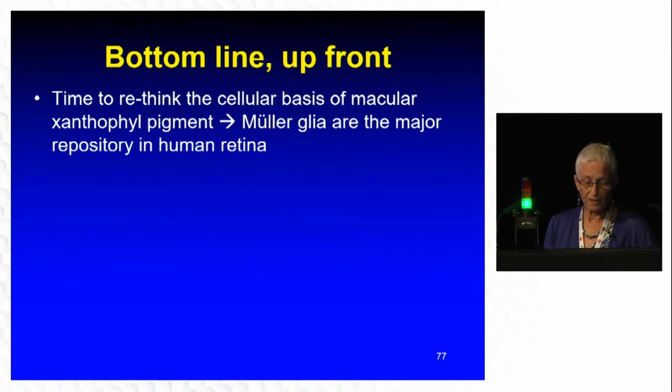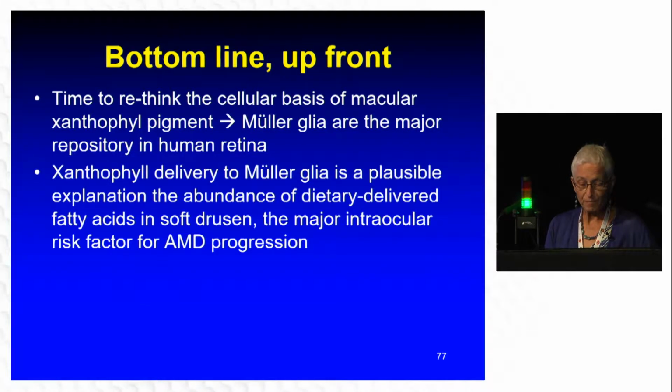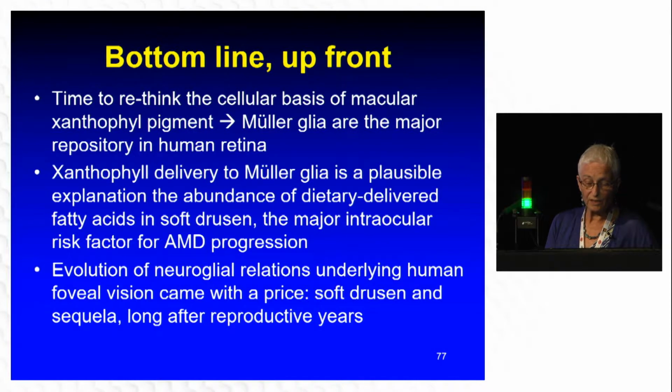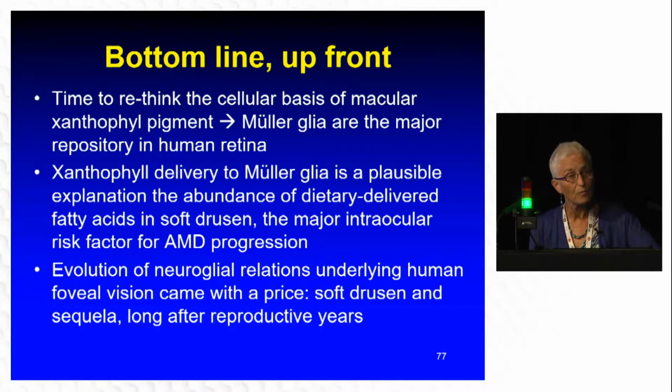Xanthophyll delivery to Mueller glia is a plausible explanation for the abundance of dietary delivered fatty acids in soft drusen, which are the major intraocular risk factor for AMD progression. The evolution of neuroglial relations underlying human foveal vision came with a price, the development of soft drusen and their sequela long after our reproductive years.